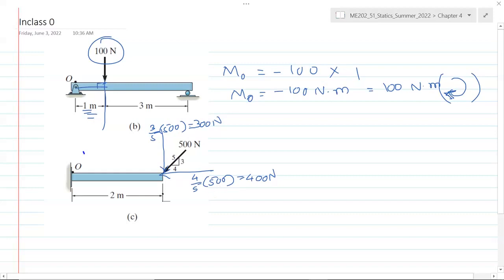point O. Now this 400 Newton force actually passes through the point of rotation. If you extend the line of action of the force, it passes through O. So this force does not result in any moment about O. There is only moment because of the 300 Newton force about O, and the perpendicular distance between them is 2 meters, and this results in clockwise rotation.